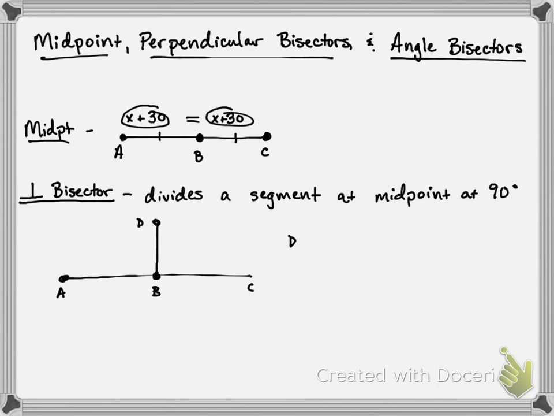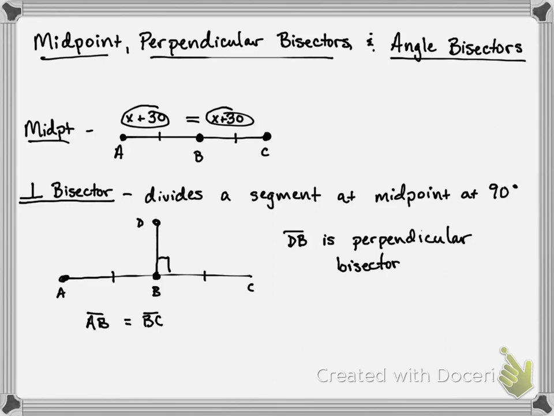Here we would say that DB is a perpendicular bisector. And all that means is that these angles are 90 degrees, and that AB is equal to BC. So whatever value we have for AB is equal to whatever value we have for BC.